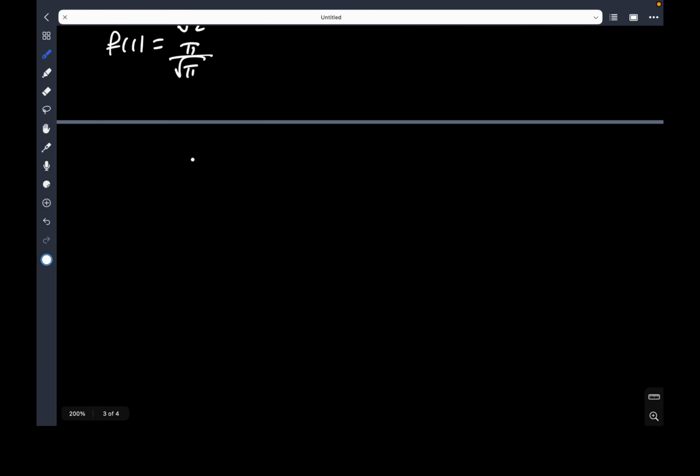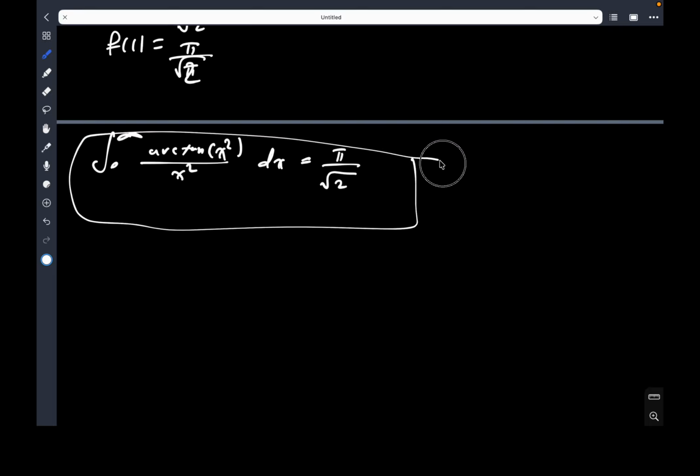Thus I found the integral from 0 to infinity of arctan of x squared over x squared dx to be pi over root 2. And this is a very neat result.